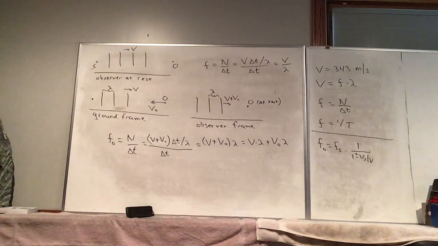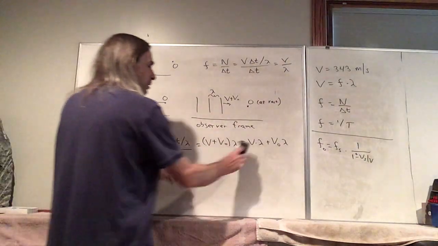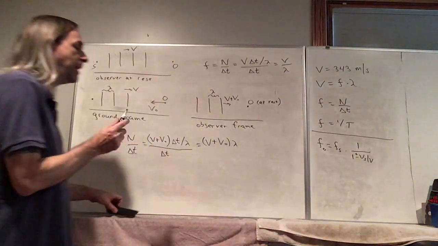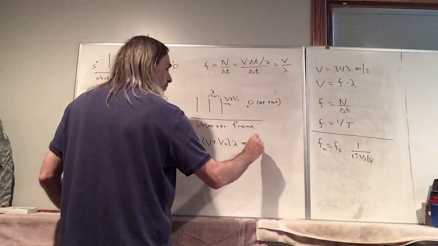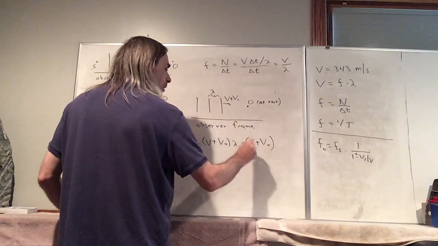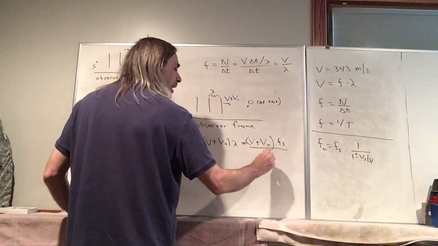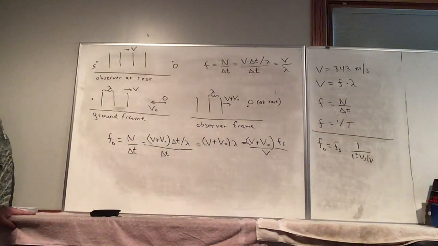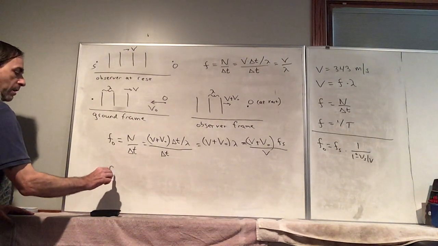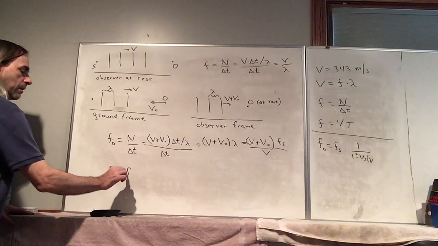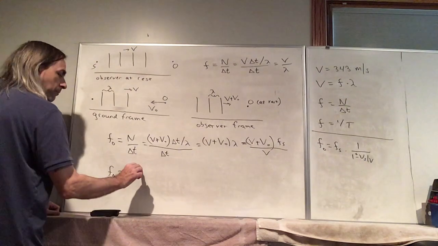So now we just want to convert everything to frequencies. Actually, maybe we should leave it. Let's not distribute this yet. The wavelength would be the speed of sound divided by the frequency of the source. So now, actually, we're kind of done here. Let's just clean this up a little bit. The frequency that the observer sees is going to be the frequency of the source times this fraction.